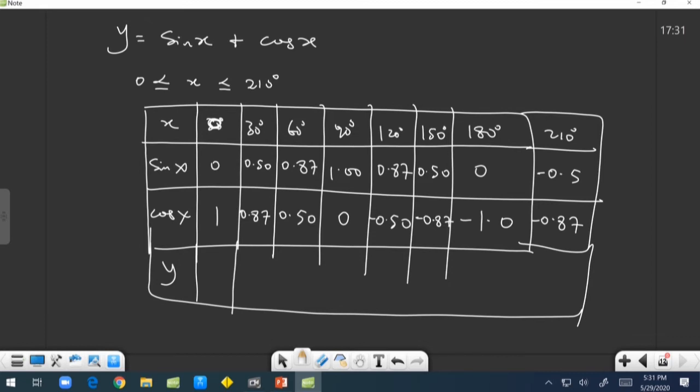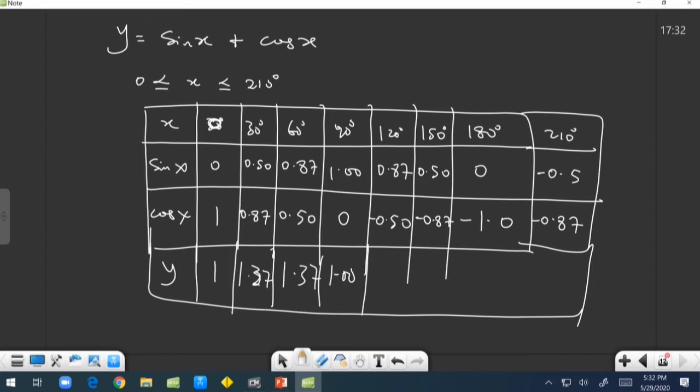Adding this together, we have 1.37. Here we have 1.00.